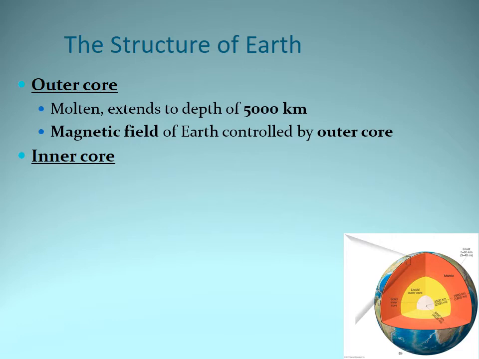So if we didn't have a molten, moving around outer core, we would not have life on Earth.